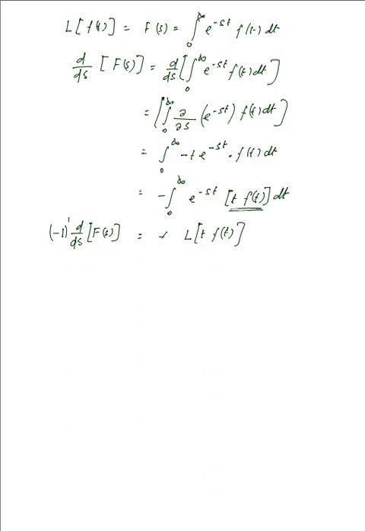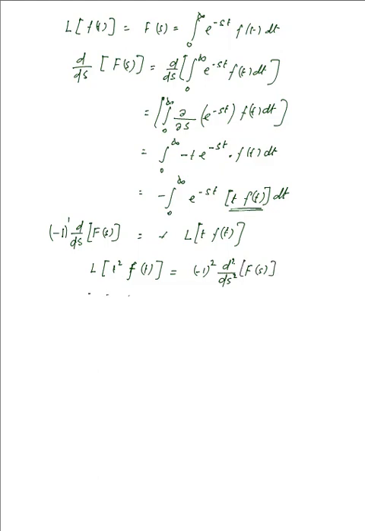Similarly, if we take the second order derivatives, that means we are considering the Laplace transform of t square times f(t). So in that case, it will be minus 1 raised to the power 2 times the second order derivative of F(s) with respect to s.